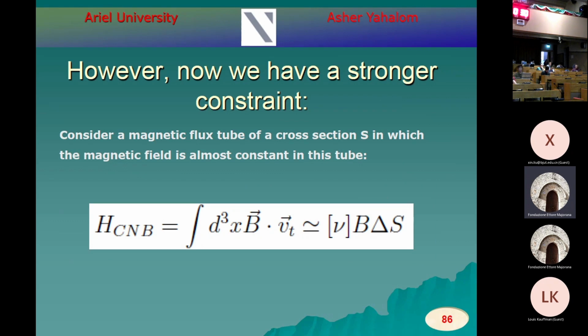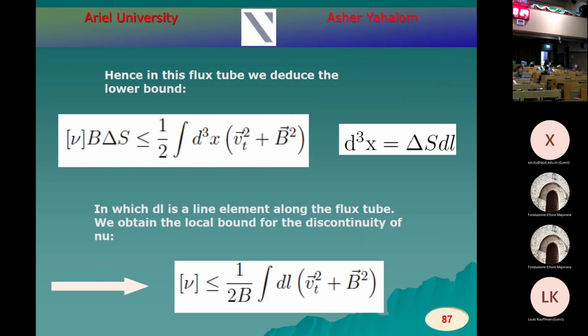Consider a magnetic flux tube of cross-section S in which the magnetic field is almost constant. So it turns out that you can write the non-barotropic cross-helicity as a discontinuity of ν times the magnetic field times the cross-section of the tube. And then you can do all the tricks we have done, just for this tube, and you get a local bound from below.